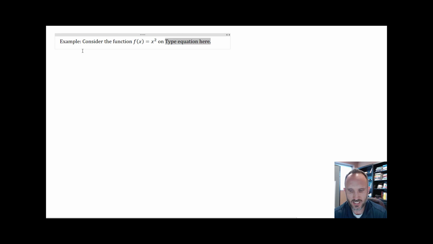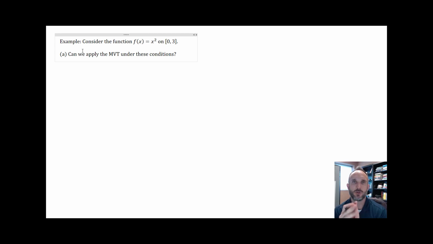On the interval from 0 to 3. And we're just going to explore this in lots of ways. So the first part of this question, let's just ask, can we apply the mean value theorem for integrals under these conditions? Okay, so that's the first question.